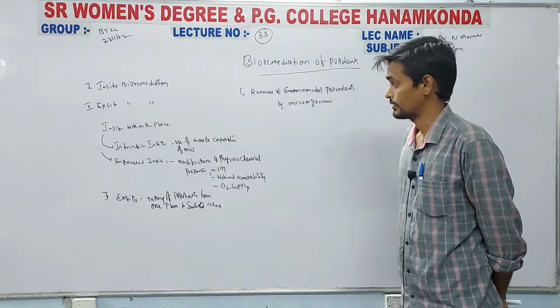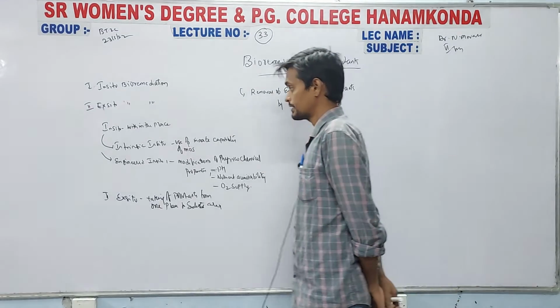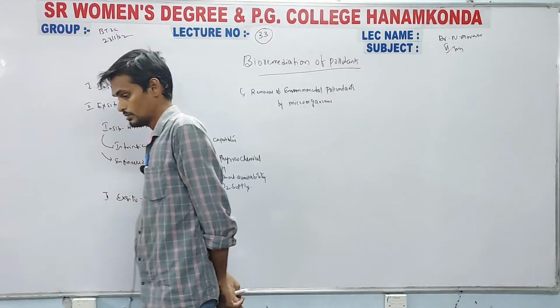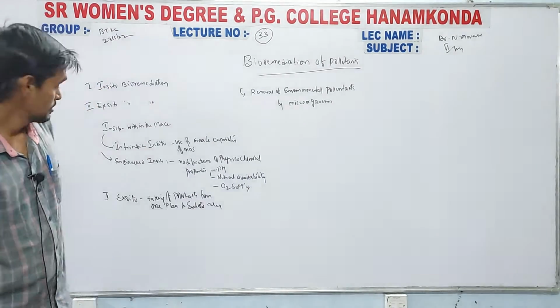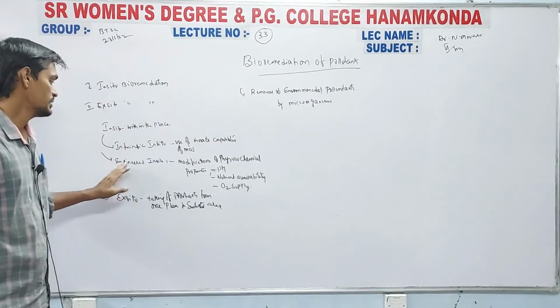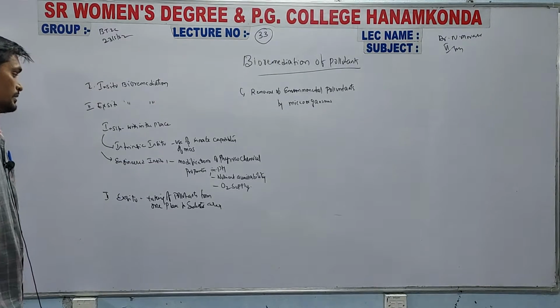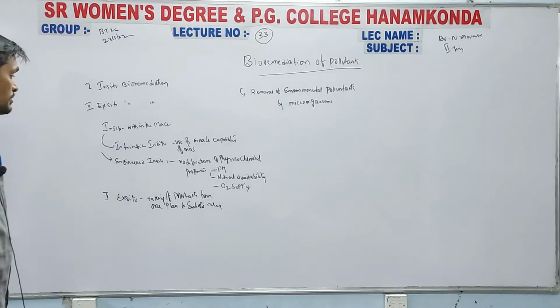It is of two categories: intrinsic in situ bioremediation and engineered in situ bioremediation. Intrinsic in situ bioremediation is the use of the innate capabilities of microorganisms to degrade pollutants, without any modifications.